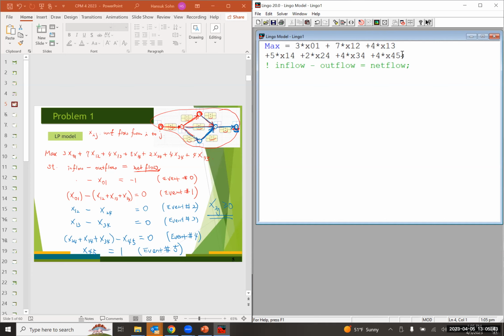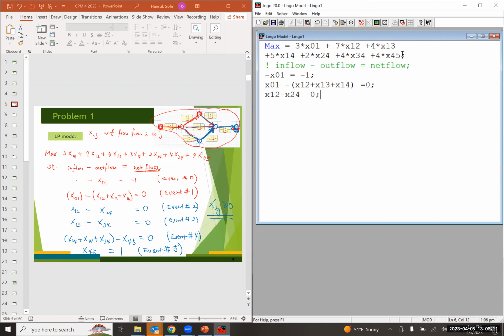For event number 0, that's going to be negative x01 equals negative 1. For event number 1, x01 minus x12, x13, x14, right? Equal to 0. For event number 2, x12 minus x24 equals 0.